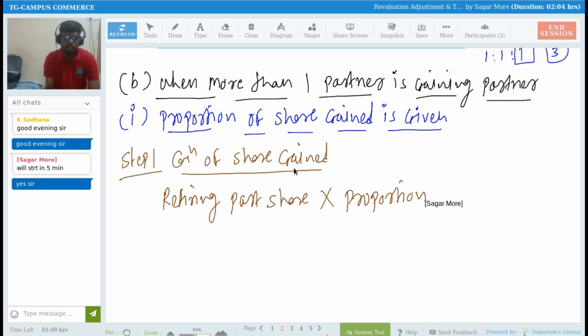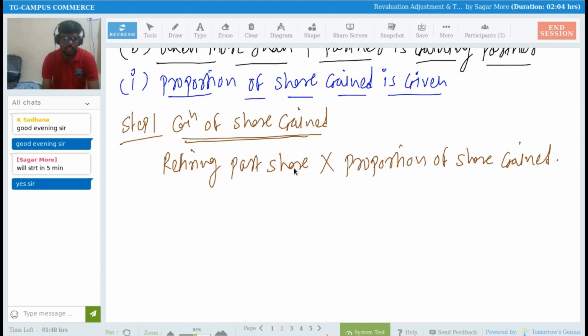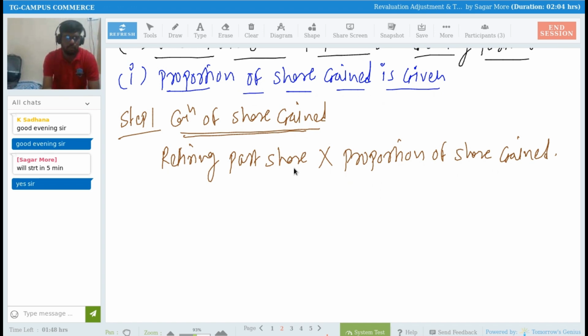You have to do this for both the old partners. Retiring partner's share multiplied by proportion of share gain, you can calculate the share gain for those two partners.